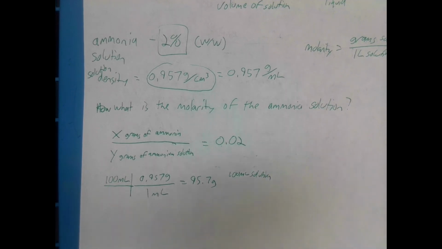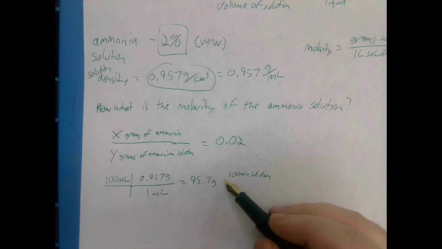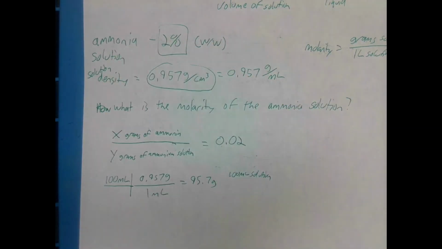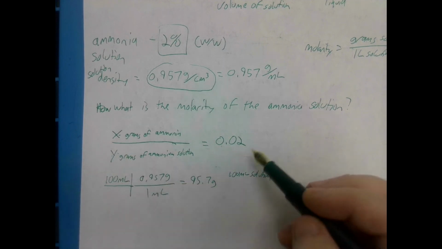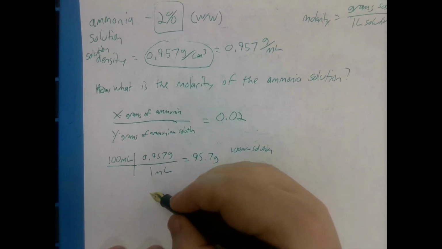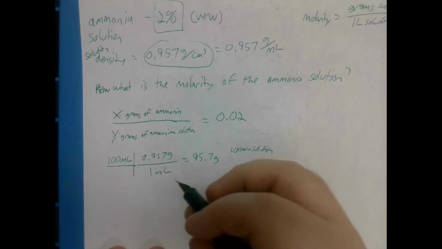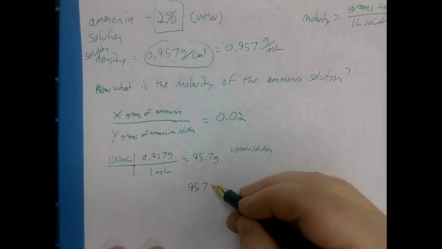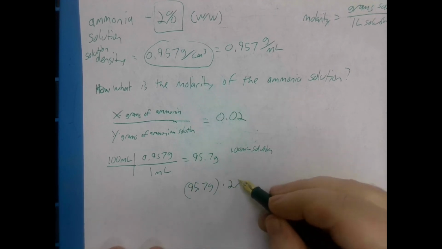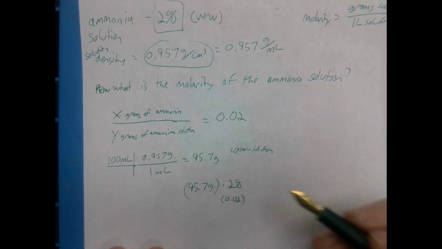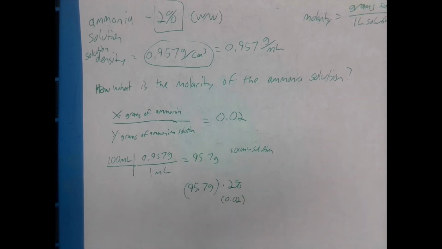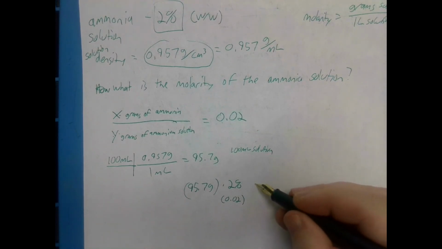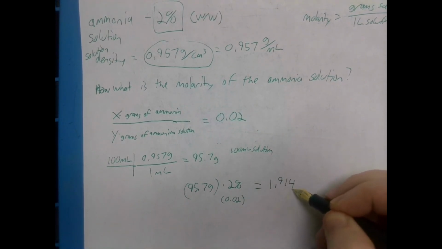And I know that 2% of the mass is ammonia, so I just multiply this number by 2%, which is 0.02. It would be 1.914 grams.